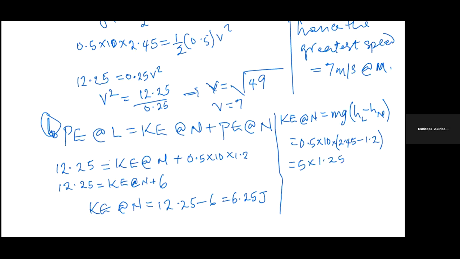So 5 times 1.25 is 6.25 joule. Please copy that quickly.